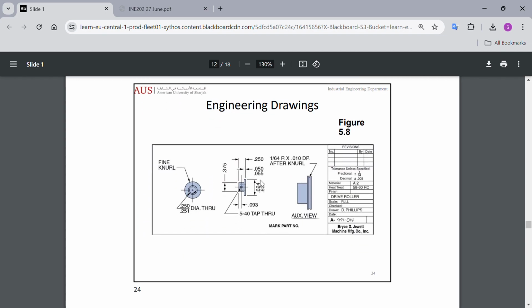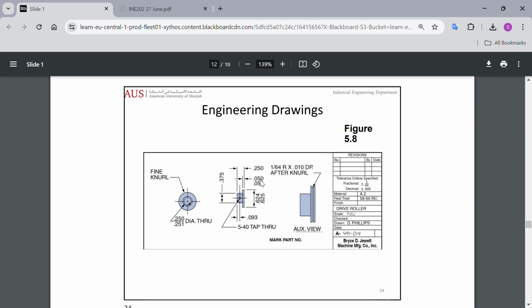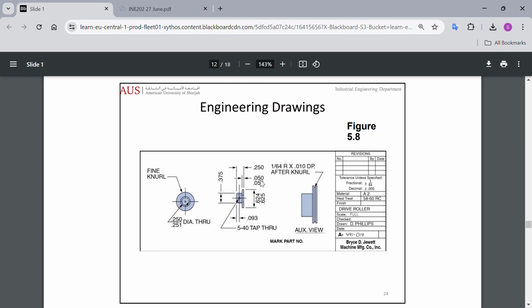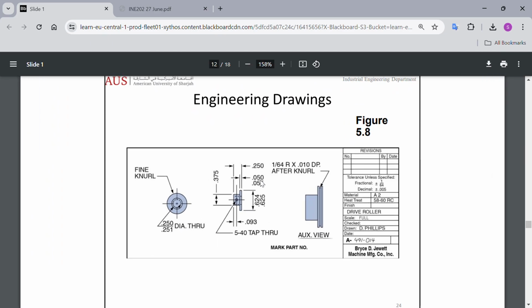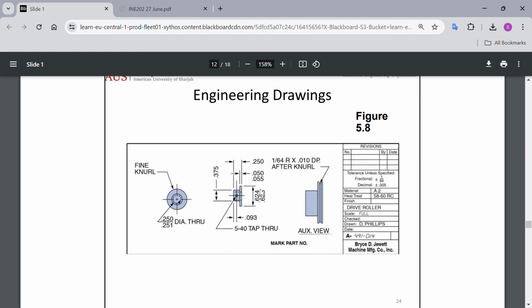So we have engineering drawings. As you can see, this is a drawing of a specific item that's gonna be produced by a company, and these are all the specific dimensions. Also you can see this is a top view, then this is a side view, and you can see all of the views of this component, and this all can be done using software such as AutoCAD.